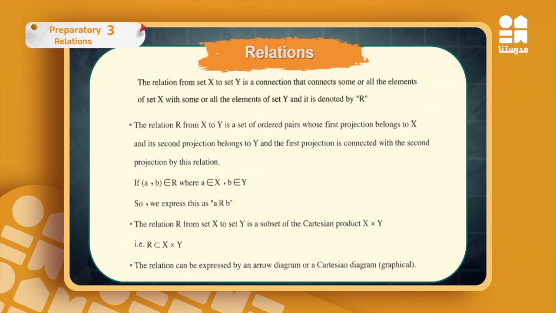Also the relation R can be represented by arrow diagram and Cartesian diagram.